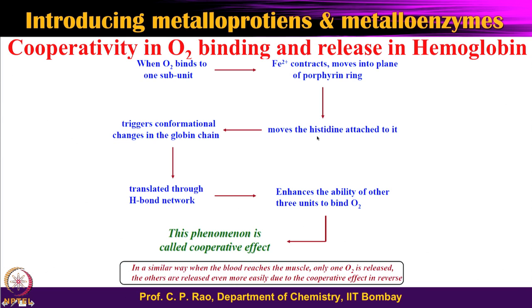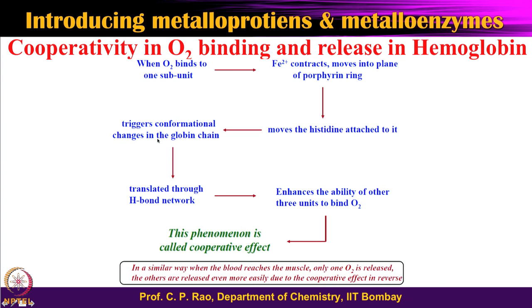That will disturb the connectivity, or it will move the histidine bond that is attached to the iron. And that kind of movement will trigger a conformational change. That conformational change goes through that particular protein and to the neighbor, translated through the hydrogen bonding network, and that will enhance the ability of the neighbor units to bind to the oxygen.